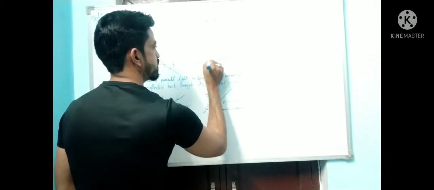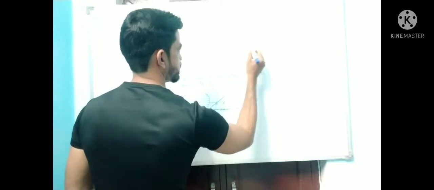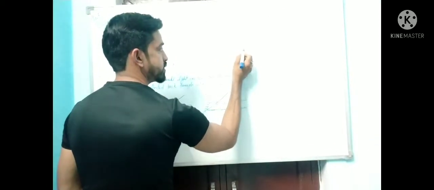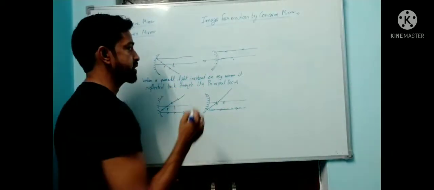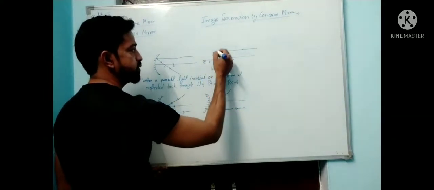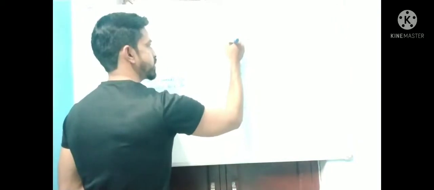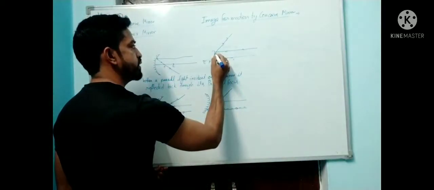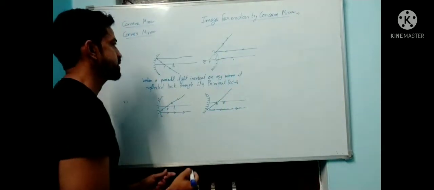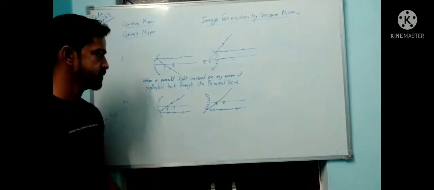This is the principal axis, the center of curvature is here, so we take it as virtual. What happens if any light strikes the outward surface parallel to the principal axis? It appears divergent due to its property. So when we extend the rays back, they appear to meet at the focus.